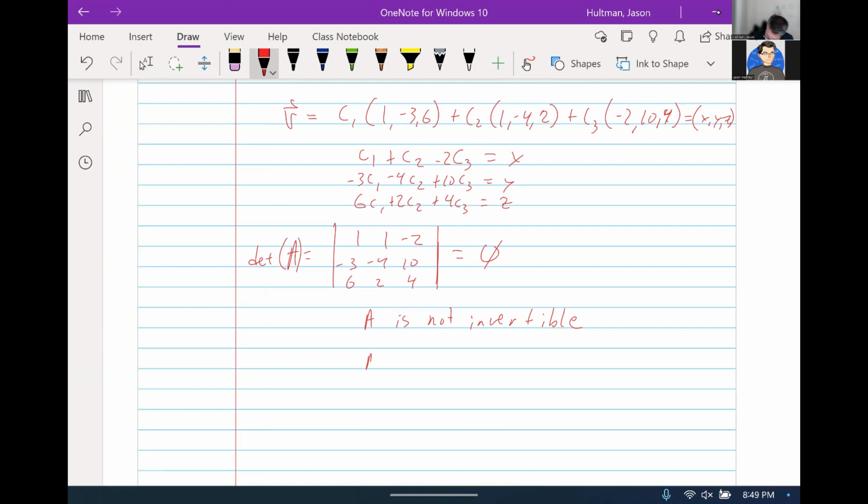Okay, which means that A inverse does not exist. It's not invertible, and so it's not that A cannot, it's our original vectors, V1, V2, and V3 cannot span R3.